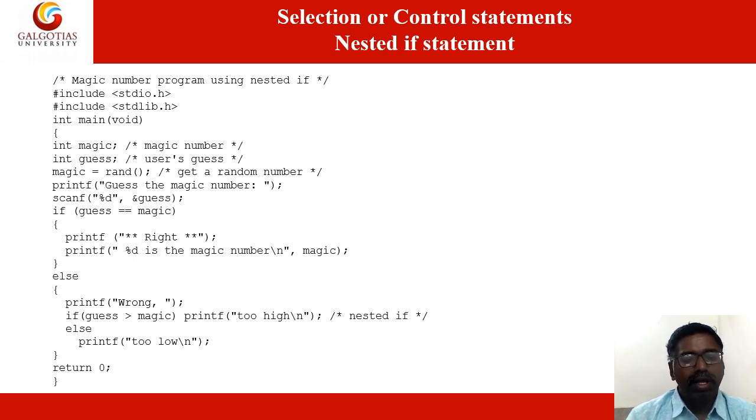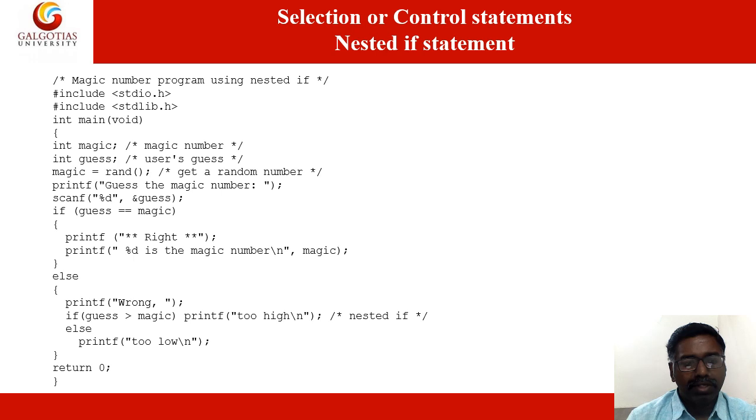Now guess is compared with the magic value, that is the system generated value. If the two values are equal, then we execute the true block of the if statement. So we print that the value is right, and then we print the exact magic number. In the else part we have to implement the nested if statement here.